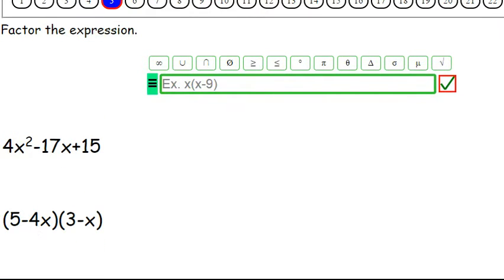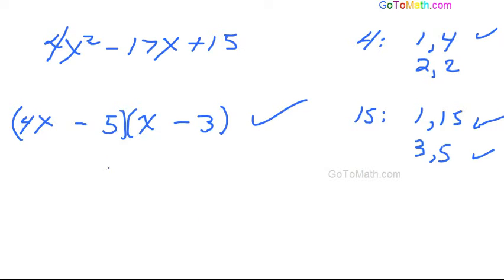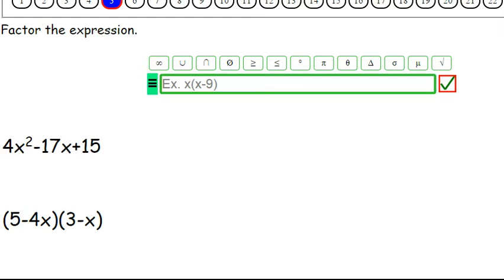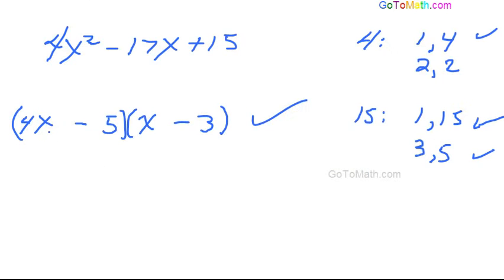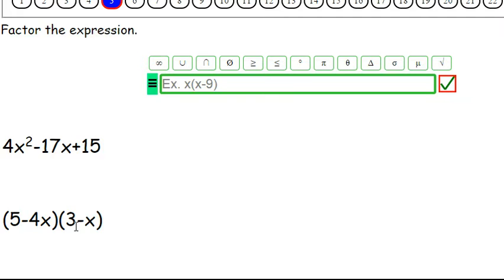And what's going on here? 5. Do we have a plus sign or a minus sign? 4x minus 5, x minus 3. Okay, I'm not exactly sure. 4x minus 5. I don't know why in the world I got it written like that, but it's equivalent.